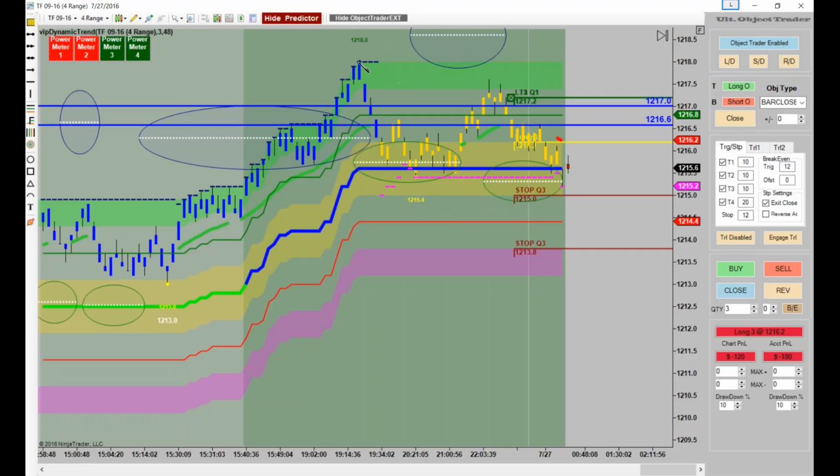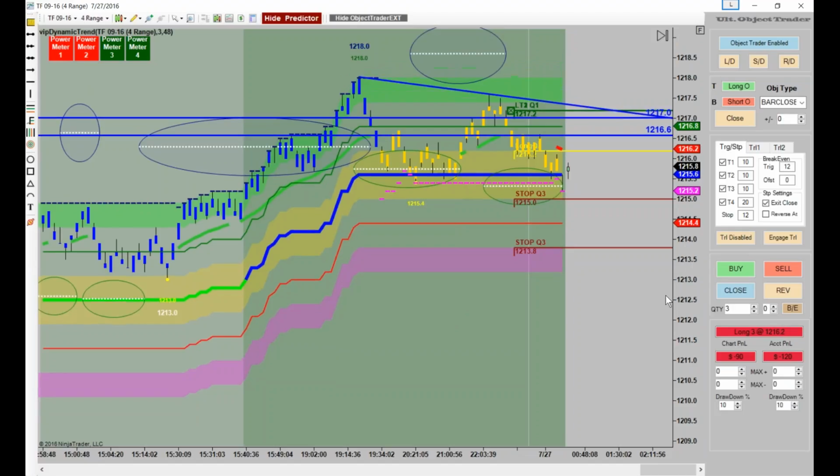See it right here? I'm pretty sure it's going to hit right in through there. We'll see. If we lose 300 on this one, we're going to take it again. Then we'll be back at break even, right? If we get a good trade. We're going to just simply trade the predictor. You are short at the top of the ellipse.